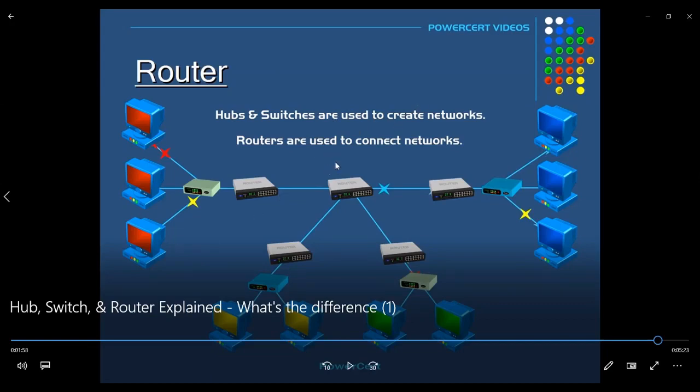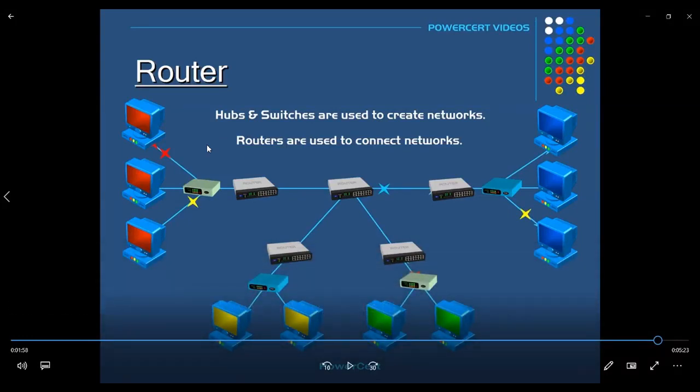Then when it comes to routers, they always function at layer 3. That is, they are forwarding packets. The switches, most of the time, if they function at layer 2, are forwarding frames, data frames, because we have learned all these things in the OSI reference model and also the TCP/IP model.